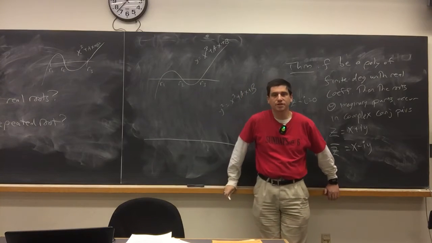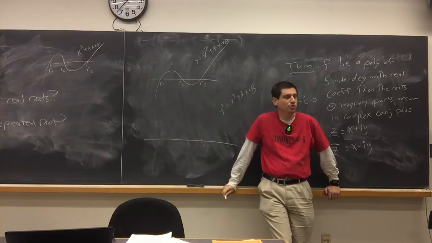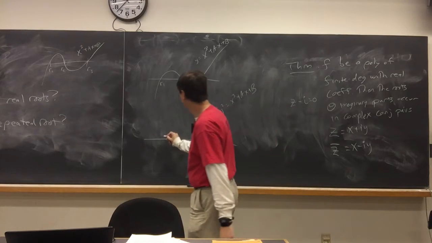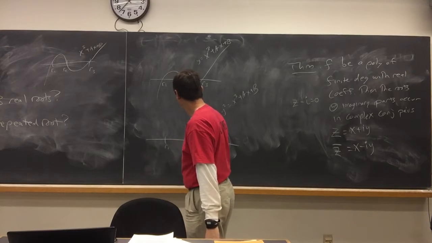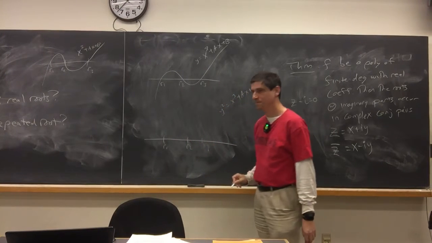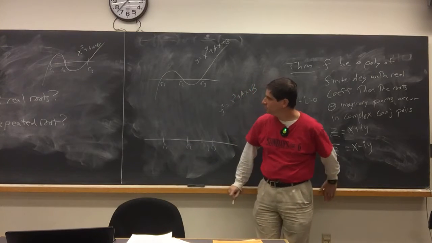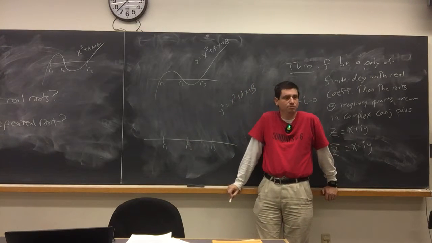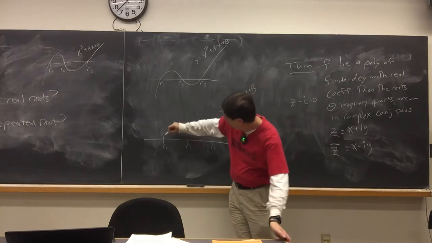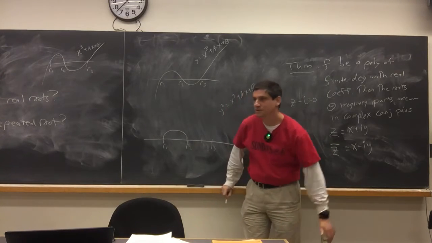So which regions can there be a solution? Between R1 and R2? Yeah, between R1 and R2. And what else? Greater than or equal to R3. So roughly, what is the shape going to look like between R1 and R2? So something like this.